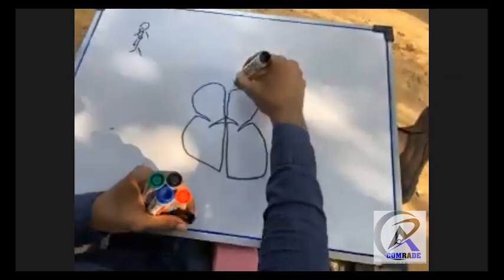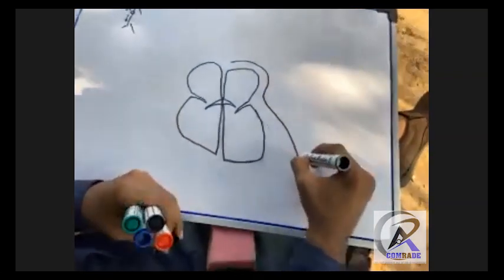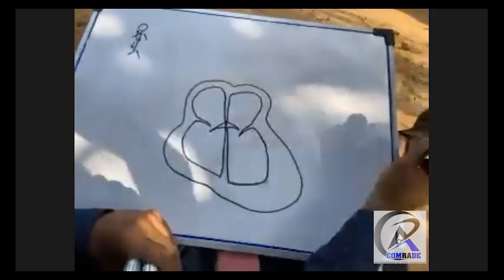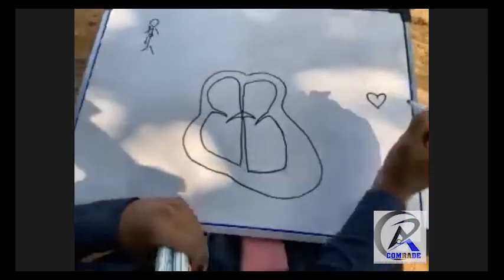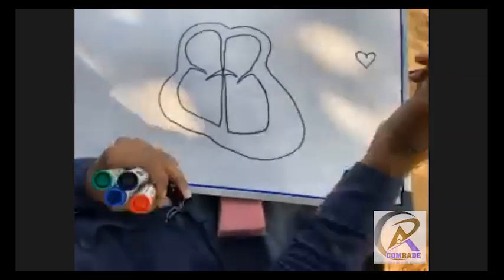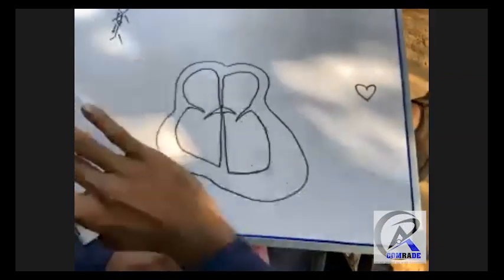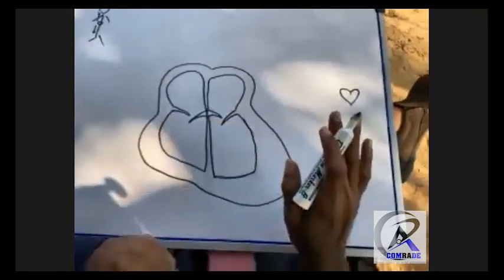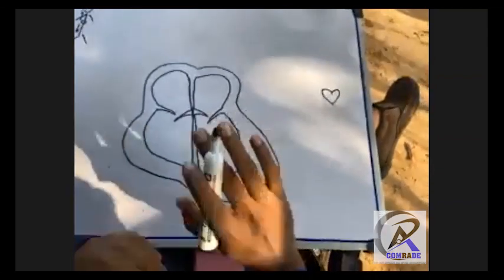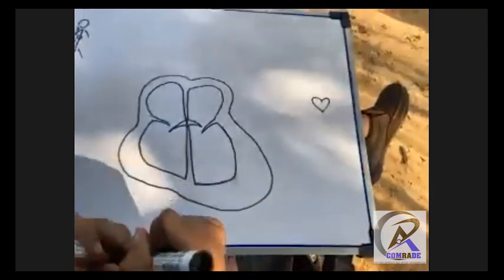This is your heart. It is not like this. This is your heart, and this is the basic structure you want to know. The rest we will see how we can draw.